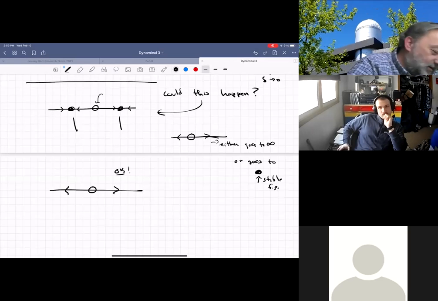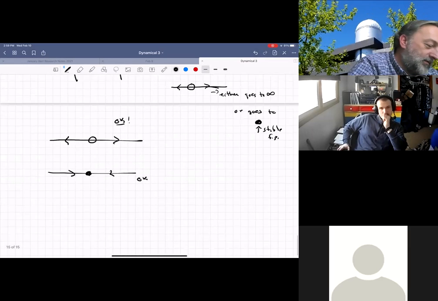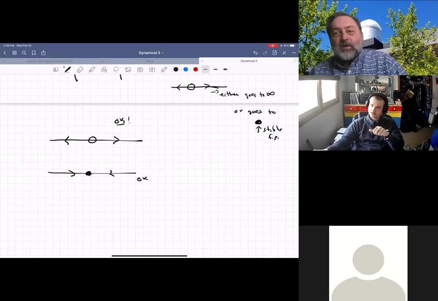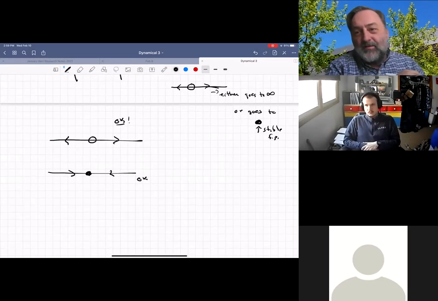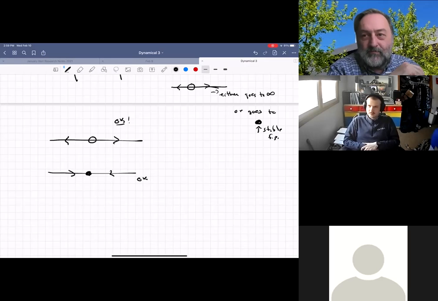That's okay. I don't know, it just seems like, if you're going towards infinity and not towards a stable fixed point... But getting to infinity is okay. Coming from infinity is okay.